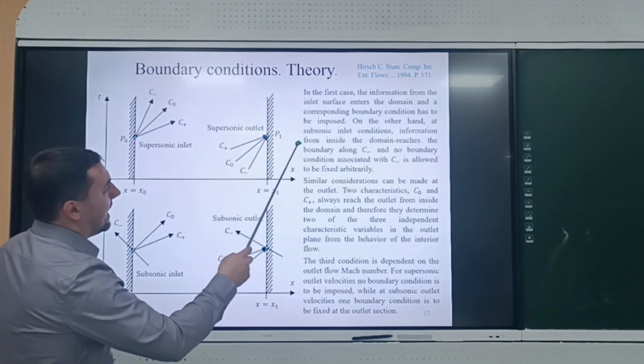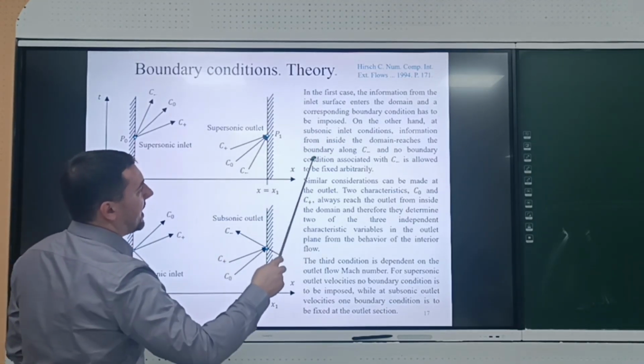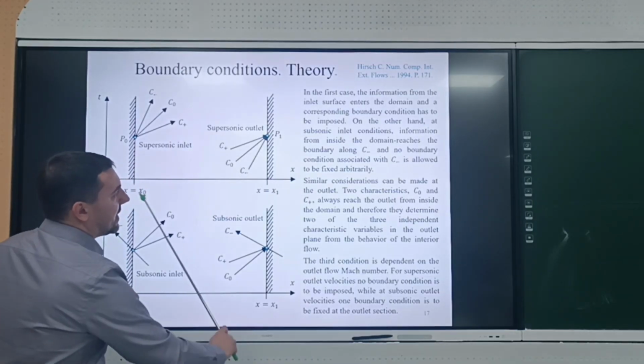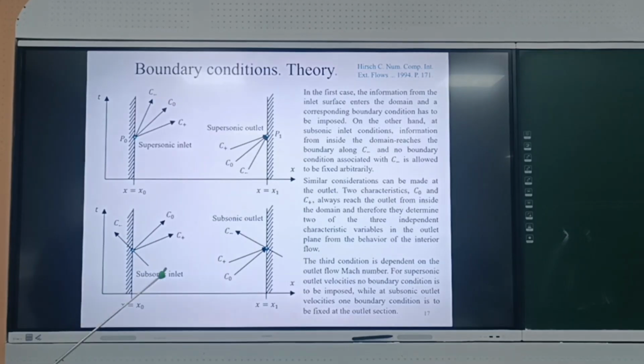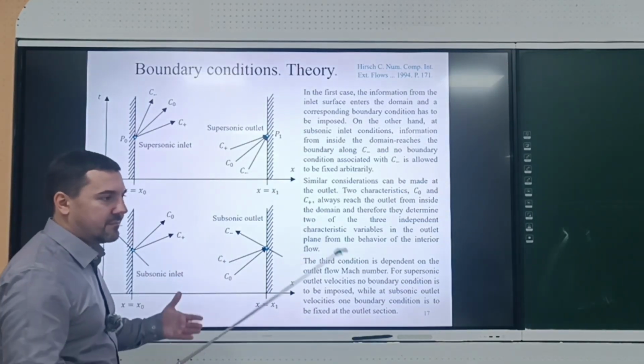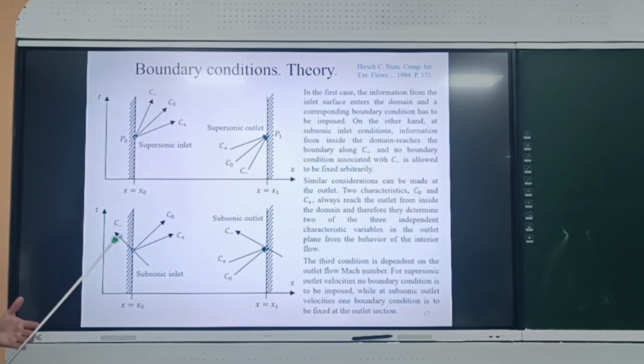On the other hand, at a subsonic inlet condition, information from inside the domain reaches the boundary along C minus, and no boundary condition associated with C minus is allowed to be fixed arbitrarily. So it means that if you have a subsonic inlet, you should construct your inlet boundary condition in a special manner.